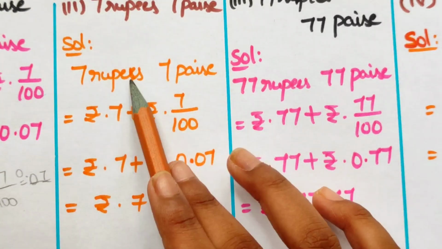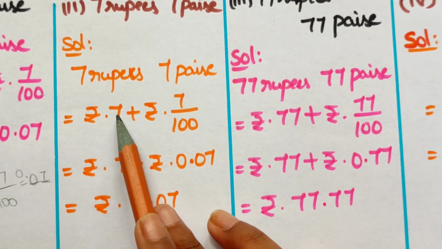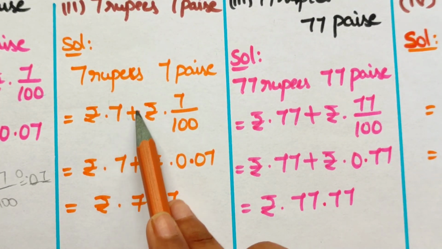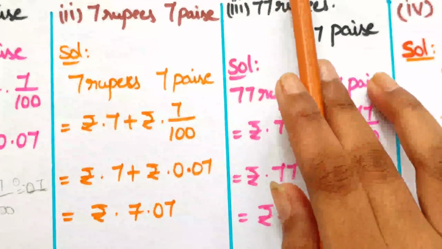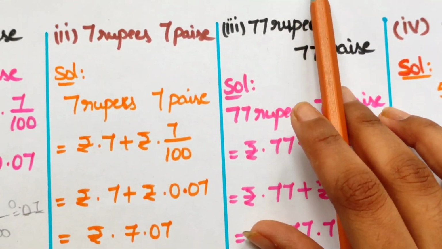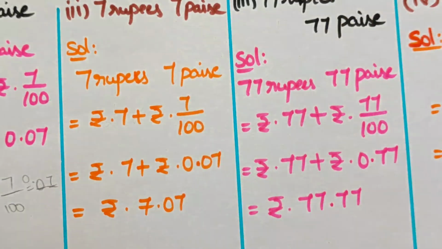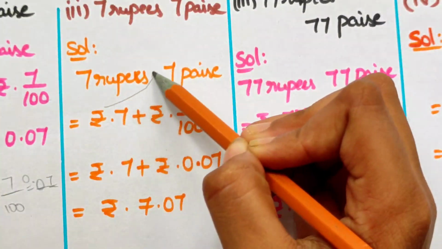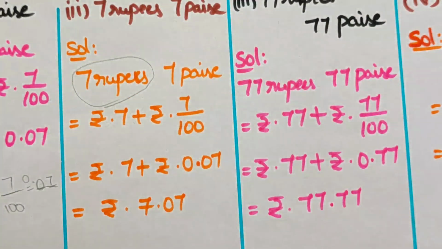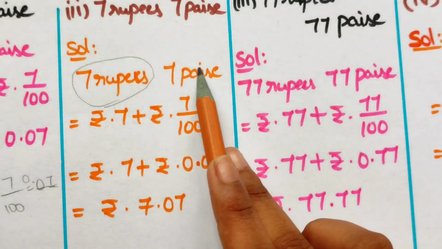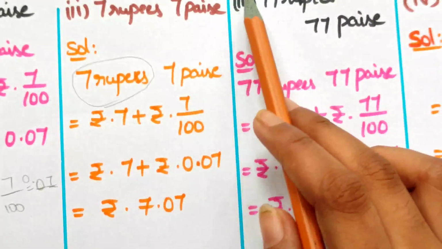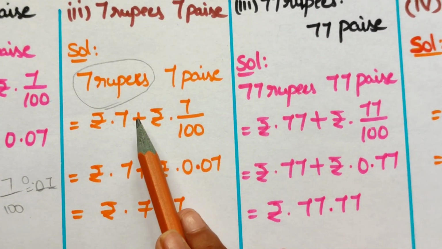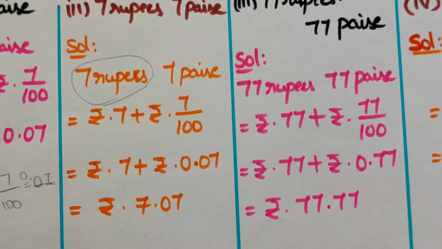So 7 rupees 7 paise is equal to rupees 7, it is already in rupees, plus 7 paise. 1 paisa is equal to 1 by 100, then 7 paise is equal to 7 by 100. Now it is rupees 7 plus rupees 7 by 100.